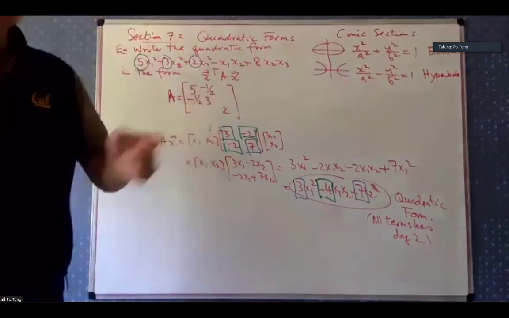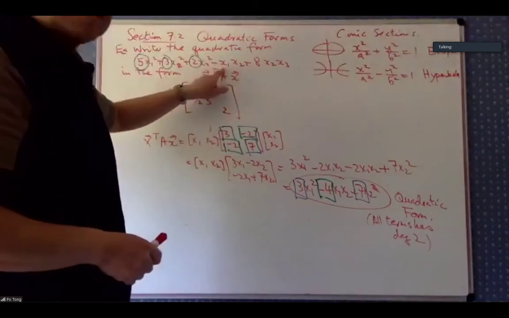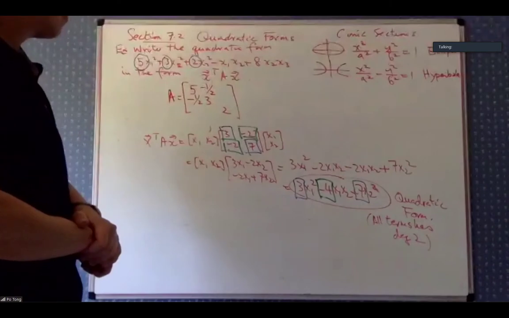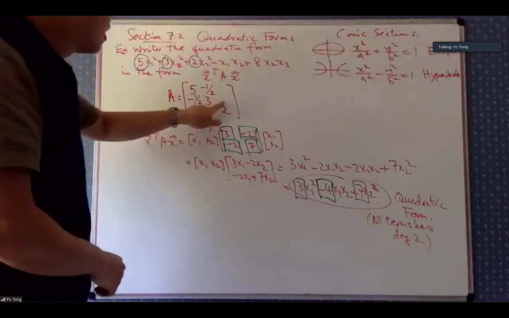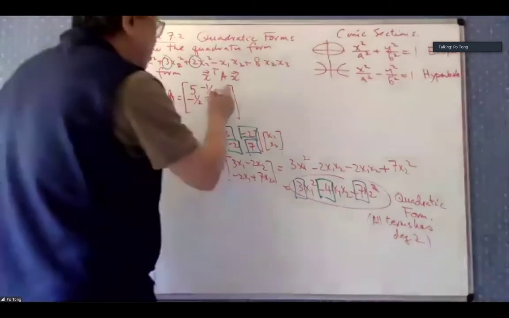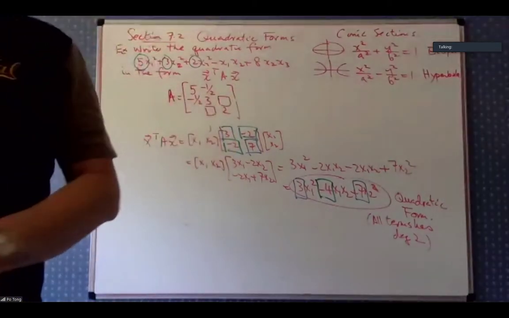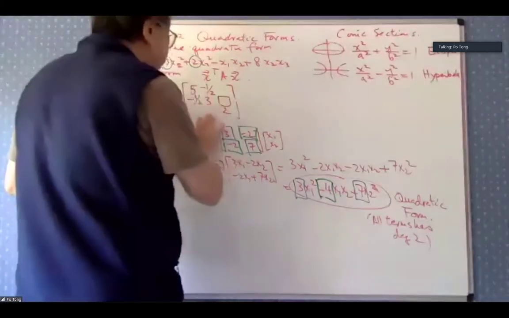Do you guys know what I just did? Take the coefficient of x1 x2 and divide by 2. How about this one here? What do you think I could put here? 4 and 4. Very good.